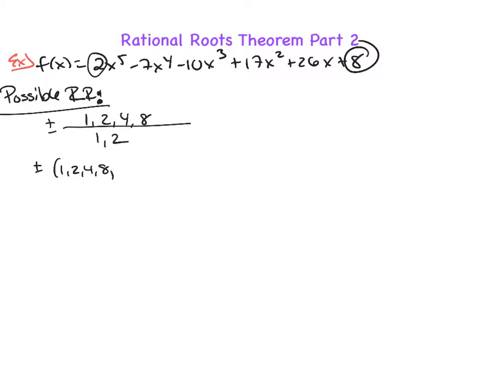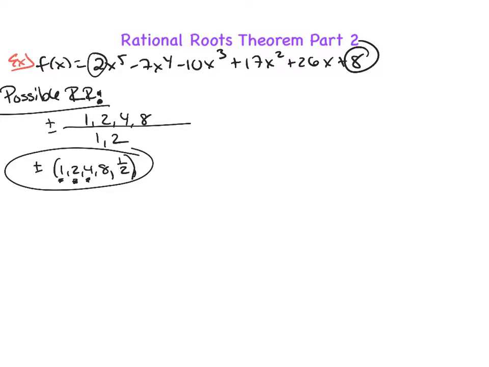And then plus or minus 1 over 2, 2 over 2, well, we already have that listed, 2 over 2 is 1. 4 over 2, we have listed as 2. And 8 over 2, we already have listed as 4. So including the 1/2, there's our complete list of possibilities. And next, we're going to use synthetic division to figure out which of those actually work.